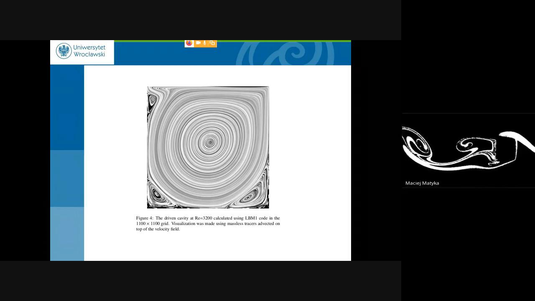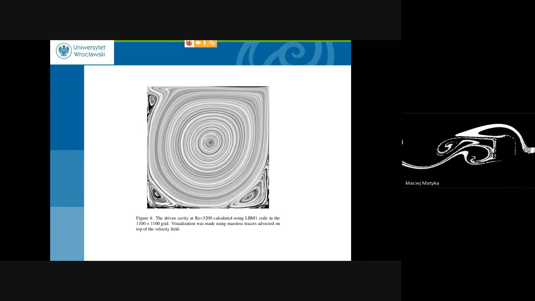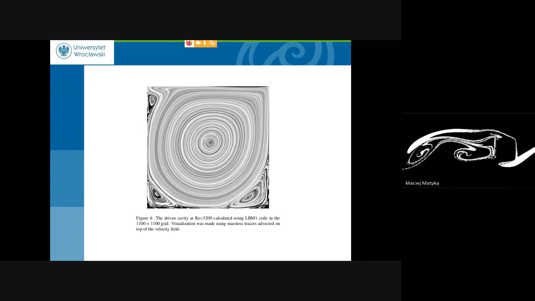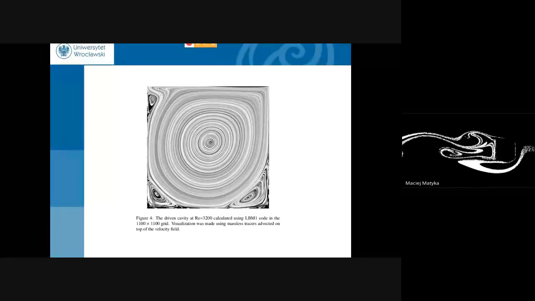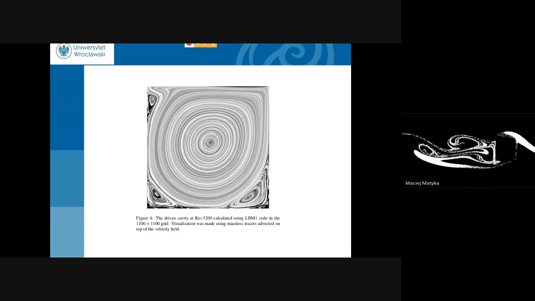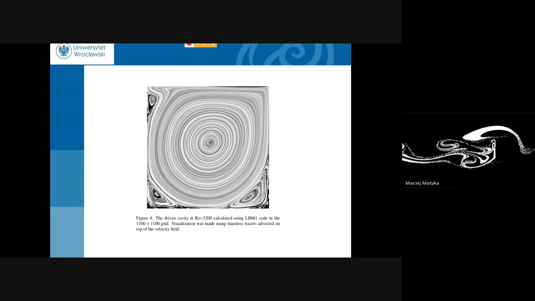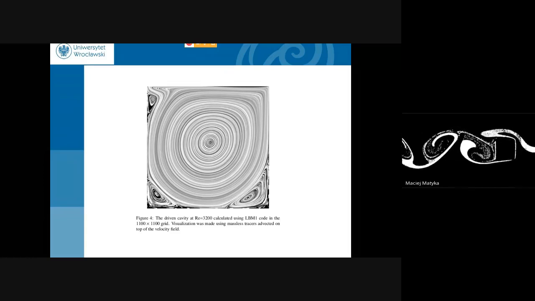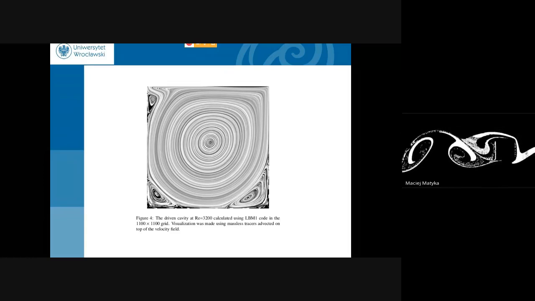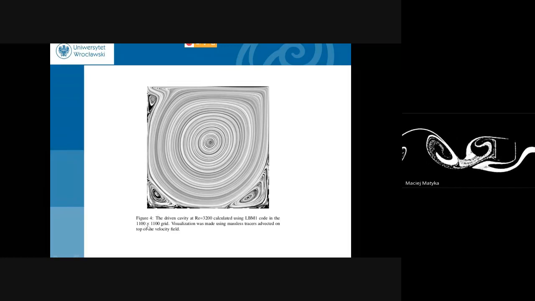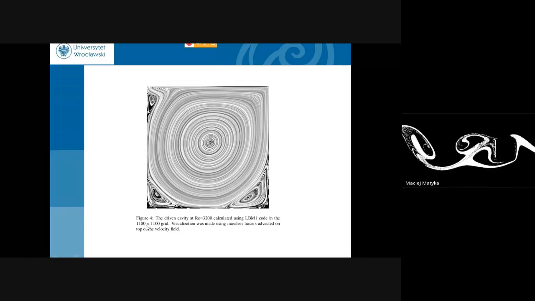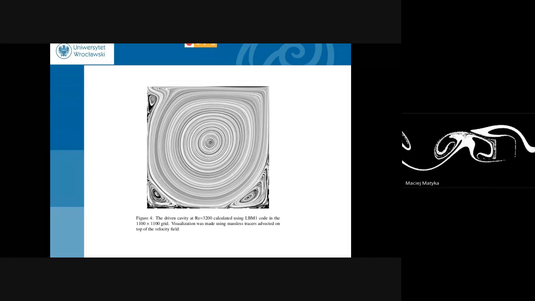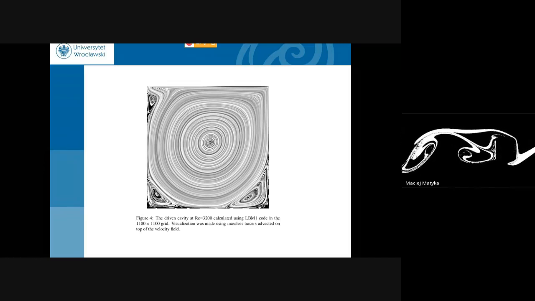So in the title, I wrote that the algorithm is good for low Reynolds number, and the reason is that this 3200 Reynolds number cavity flow was possible, but one had to increase the size of the mesh rapidly. So I mean, the size of the mesh is the main factor which lets you go into higher Reynolds numbers.